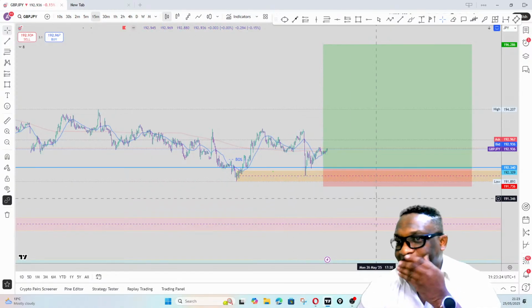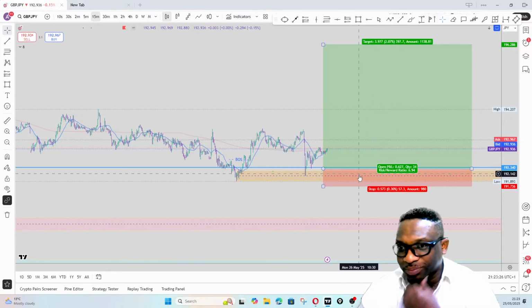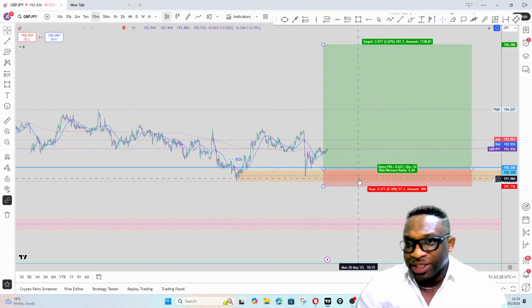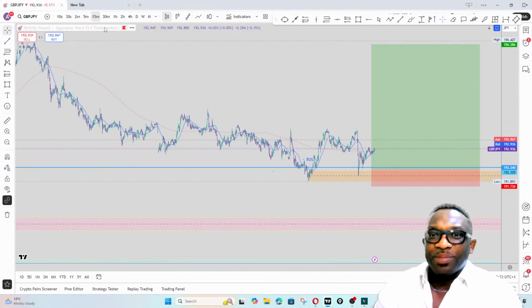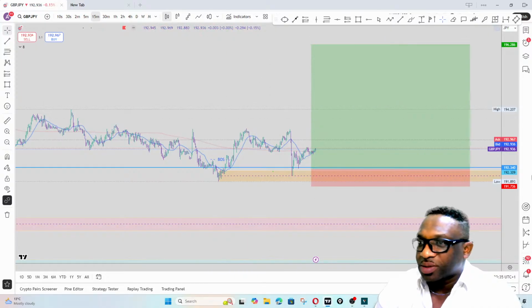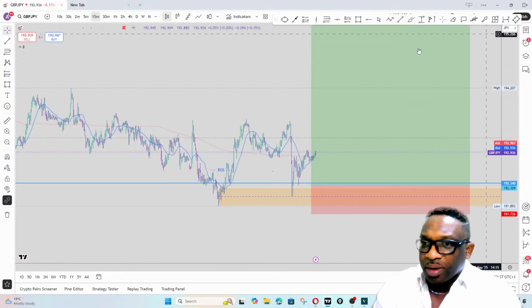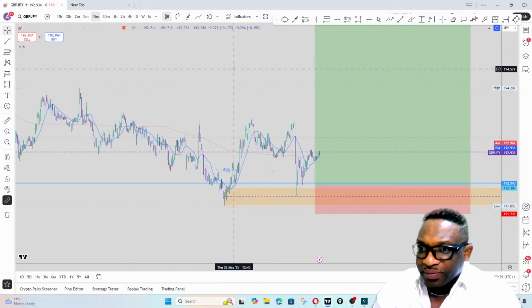So what you have to do if you want to take this trade is to apply proper risk management. The entry time frame is 15 minutes, which I've put on here.